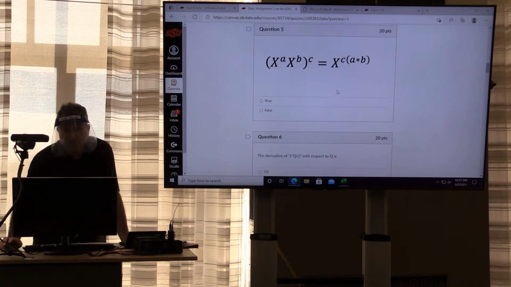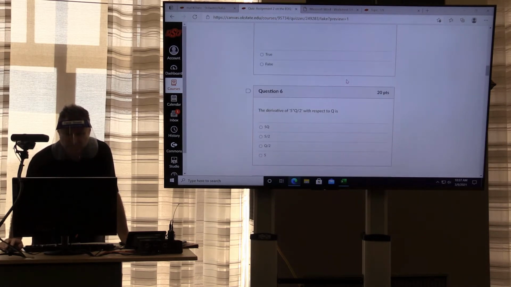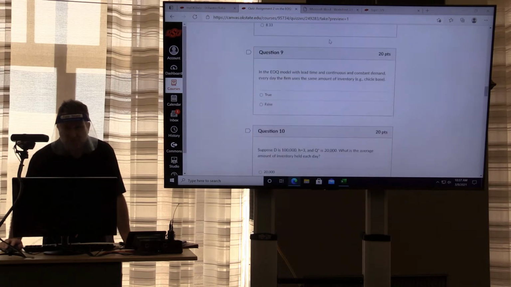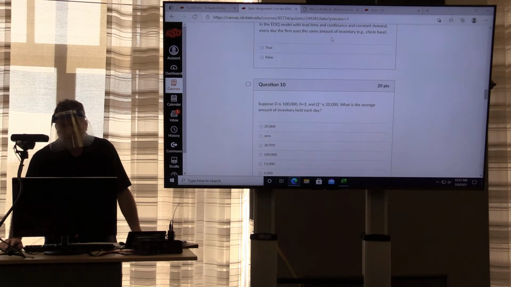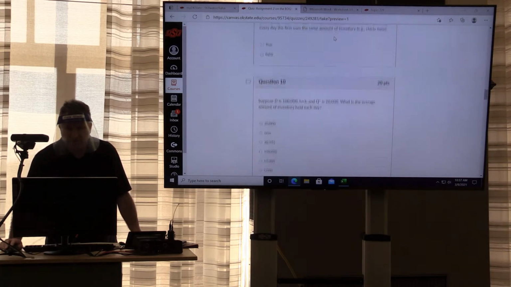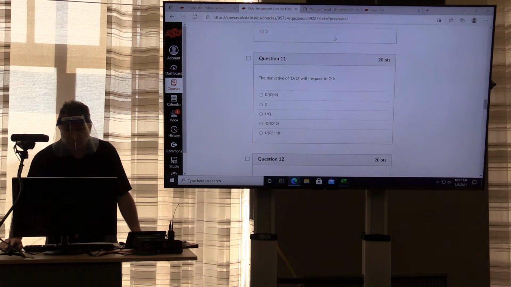There's questions like this where you have to do algebra with exponents, and you say whether it's true or false. Here it's going to say if T equals 0.12, what is N? That's just a quick calculation. Maybe some questions about the model. An EOQ model with lead time and continuous and constant demand: every day the firm uses the same amount of inventory, true or false.